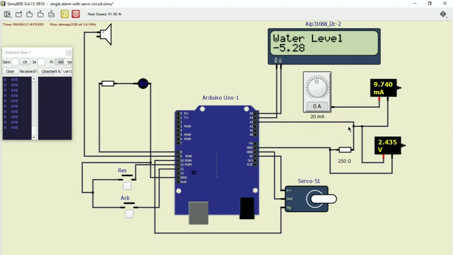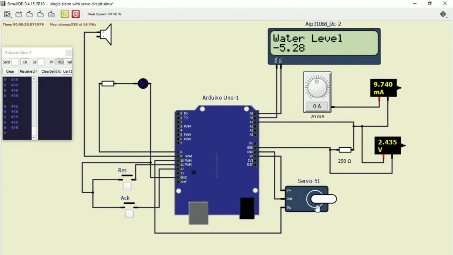And because it is programmed to become a water level in centimeters, it is processed and converted into negative 5.28 centimeters. And we can change the value of the water level by turning the knob of the current source sensor.